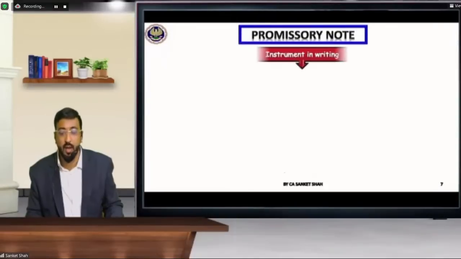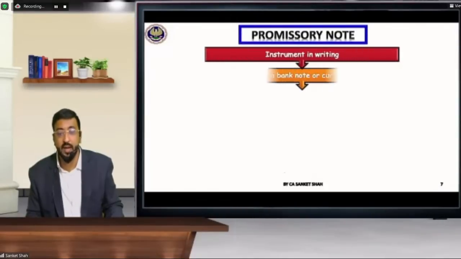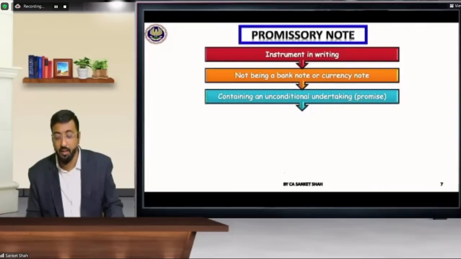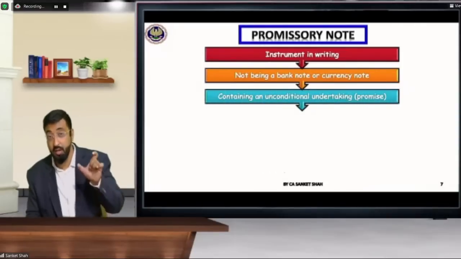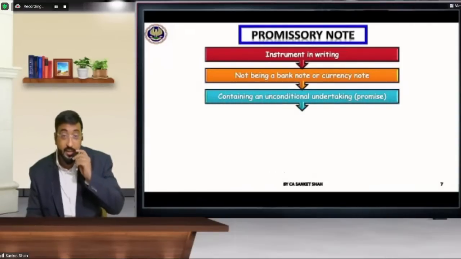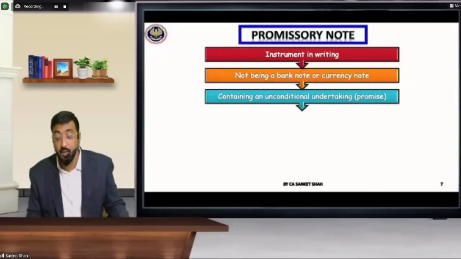Promissory note, I already explained, is an instrument in writing, not being a bank note or currency note. Important point: if you see your note, it's a currency note, it's a promise, but wait. This promise is to the person to whom that currency note is received.